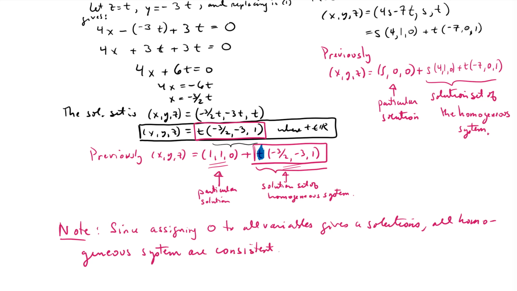So that's a small note, right? In fact, there's always this hidden particular solution. Before this, you can put (0, 0, 0), and before that one here, you can put (0, 0, 0) plus the other part. So you always have 0 as your particular solution, or as a point that your plane or your line, or whatever, is passing through.